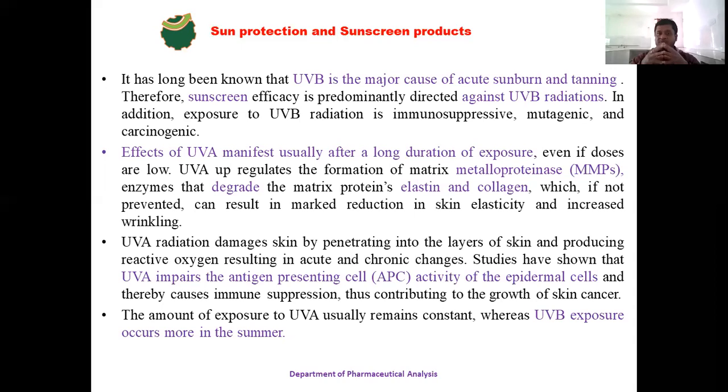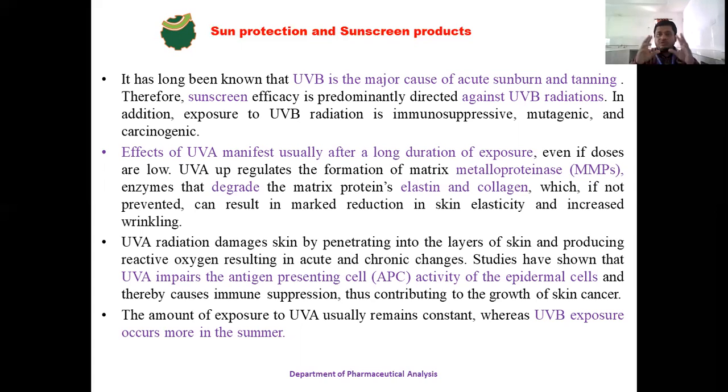Even UVB rays can cause immunosuppressive, mutagenic, and carcinogenic effects. Mutagenic means capable of inducing genetic mutation, and immunosuppressive means suppressing the activity of the immune system. So UV rays can cause immunosuppressive, mutagenic, and carcinogenic effects.